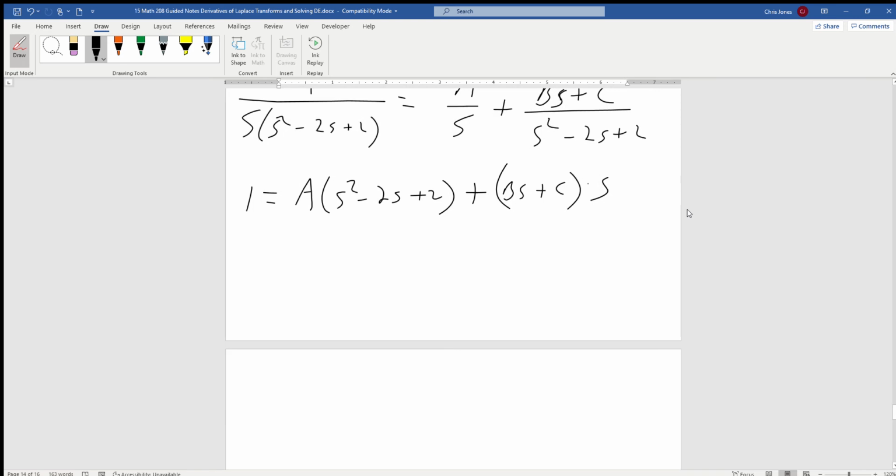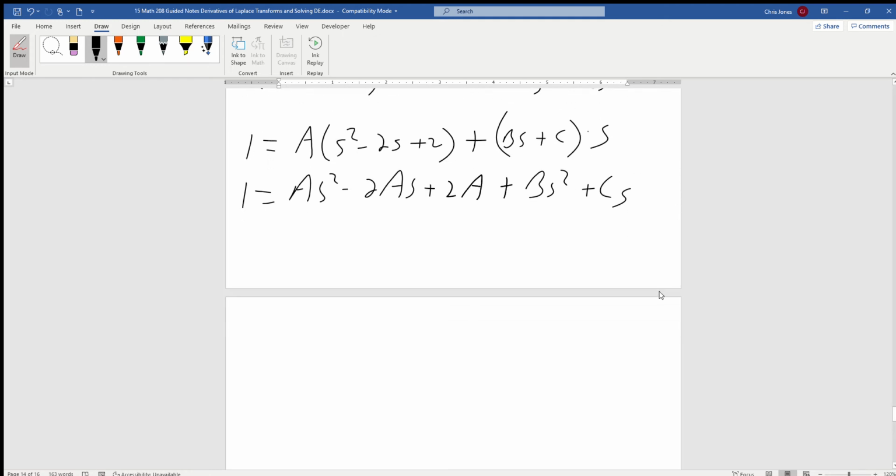Just like we've done before, we're going to FOIL out. So 1 equals As squared minus 2As plus 2A plus Bs squared plus Cs. And then we can finally go ahead, factor out the s squared, factor out the s, and collect what's like.